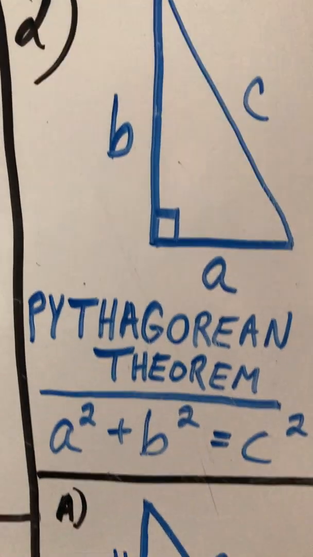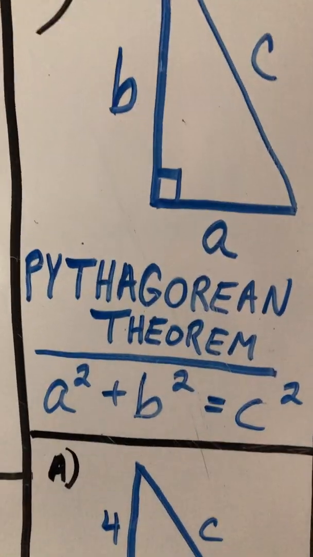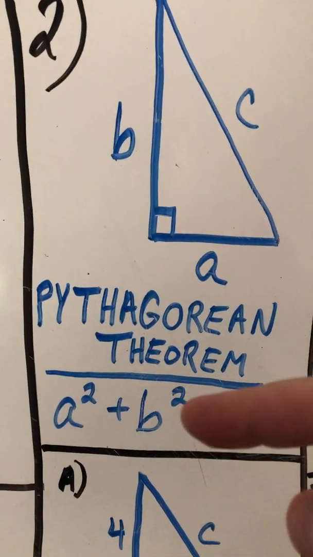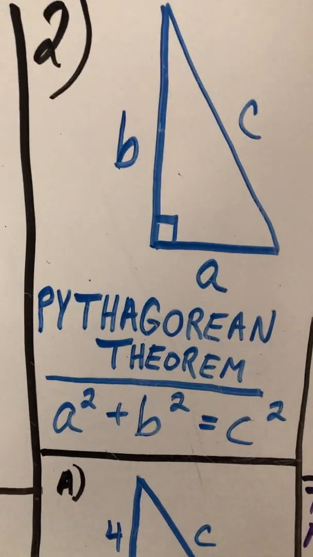So we have what's called the Pythagorean Theorem. The Pythagorean Theorem says that a squared plus b squared equals c squared.